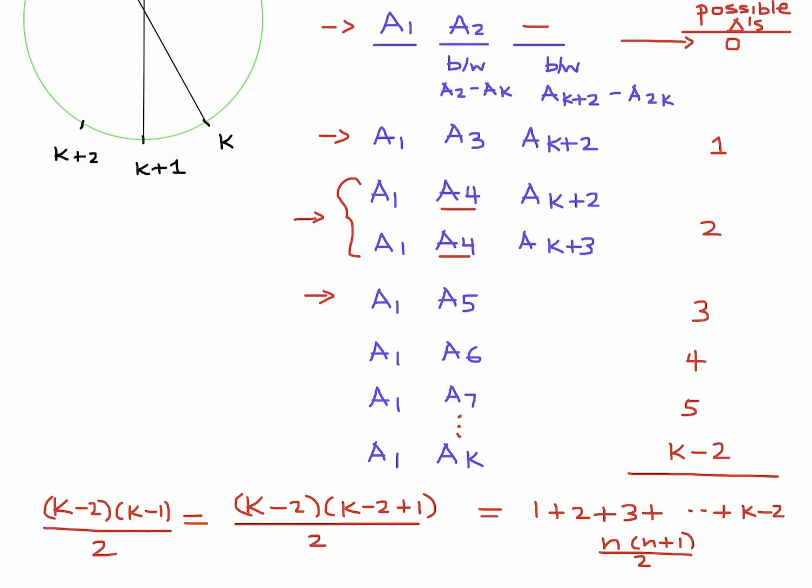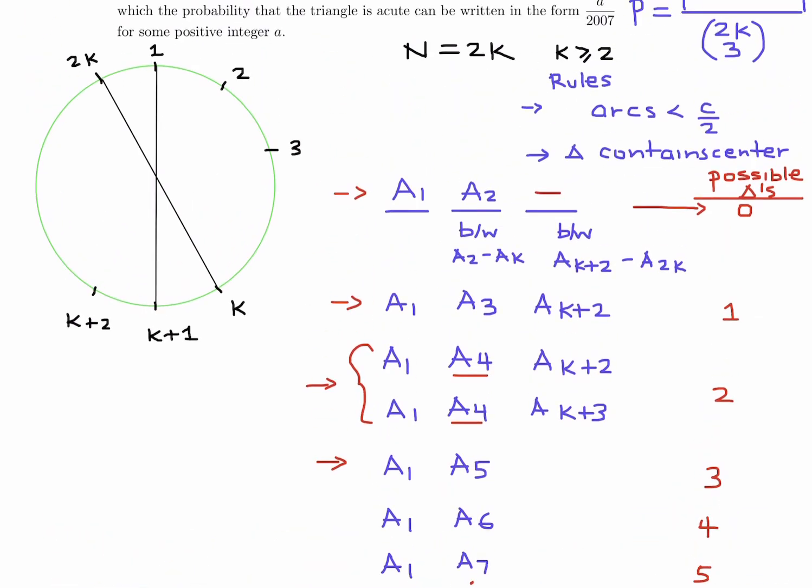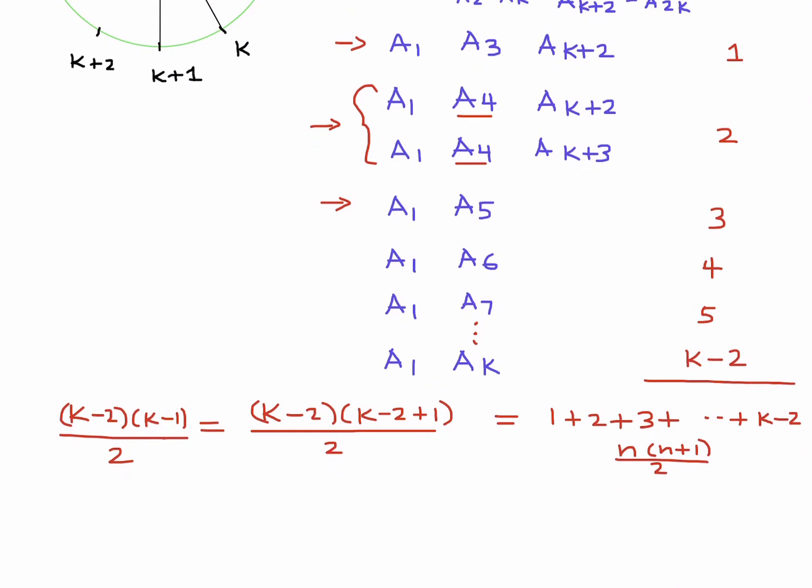Okay? Now, please note this was only for A1. Correct? We have to do this exact same scenario for how many? Well, how many were there? Everything from A1 all the way to A2K. So we have to do the same scenario for A1, A2, all the way till A2K.